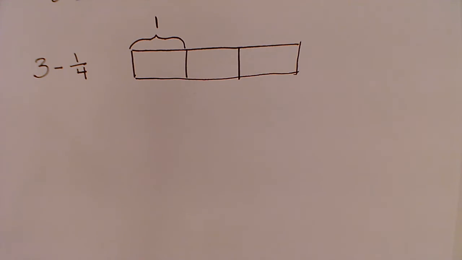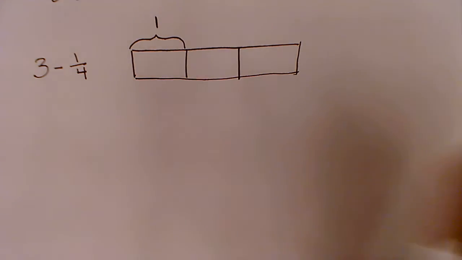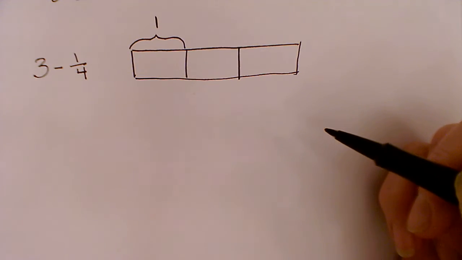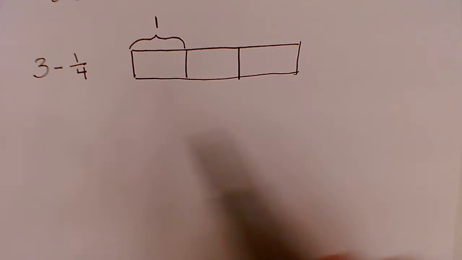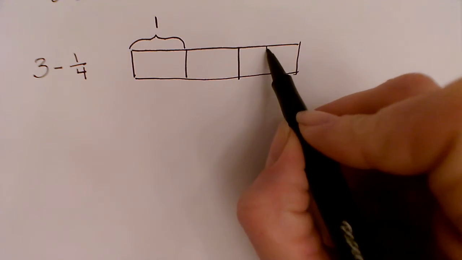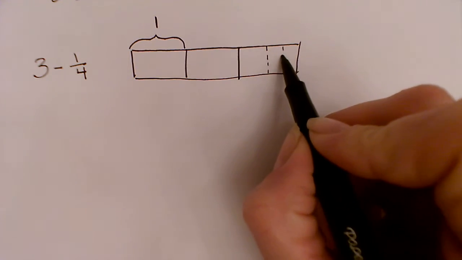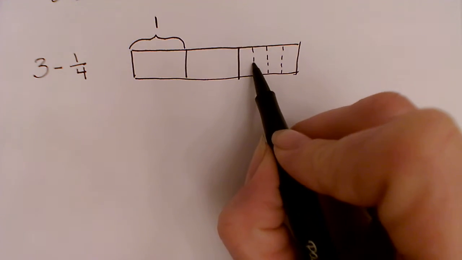So now what about if I wanted to subtract 1/4 from that? What should I do? Well, I'm going to go into this third one, and I'm going to turn that into quarters. Since I want to subtract 1/4, it would be really helpful if I decompose this into fourths.